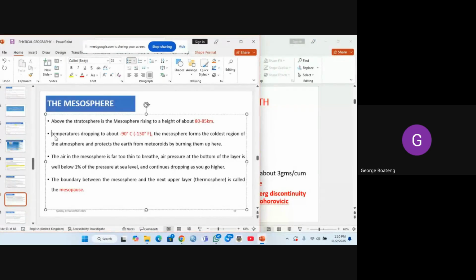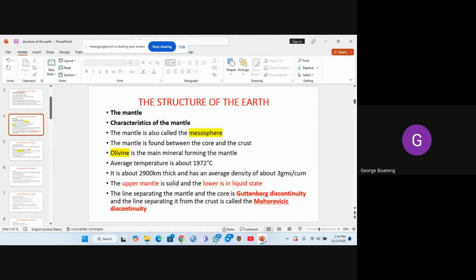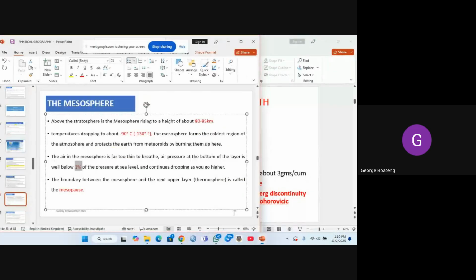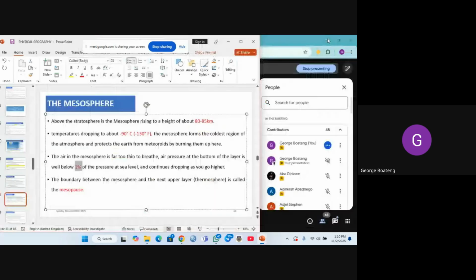When you get to the mesosphere, they tend to be left with only 1%. I wonder how that will be. If you were breathing oxygen, you get there and you get just 1% of what you are consuming. You'll be a dead goat.